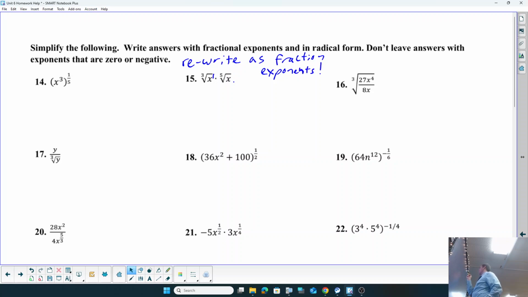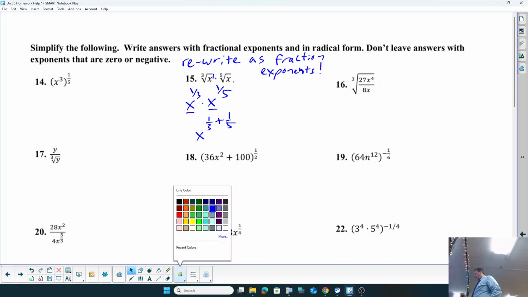So this would be an invisible 1, so that's x to the 1/3 times x to the 1/5. And so then you have to get a common denominator, because you can add those fractions, right? Same base. So we have x to the 1/3 plus 1/5.